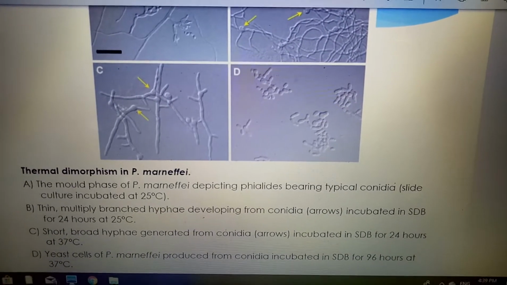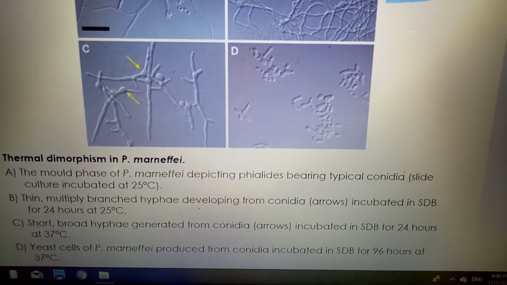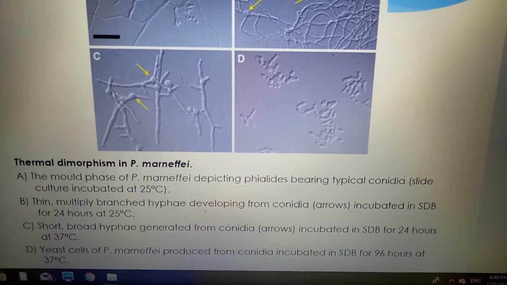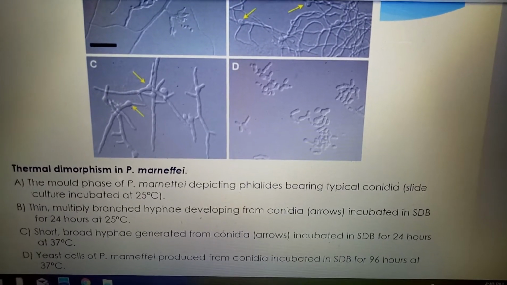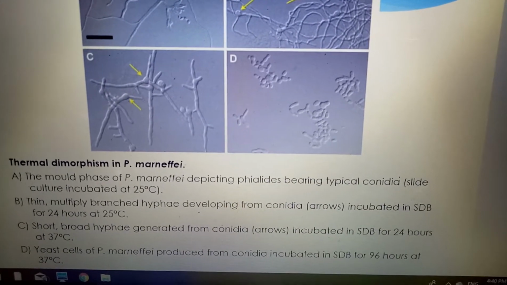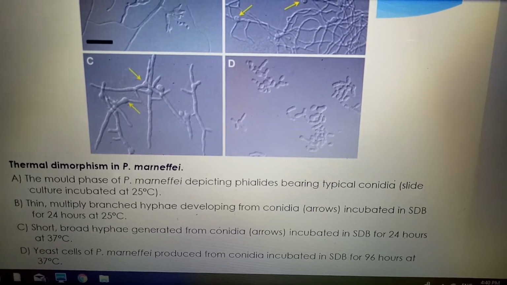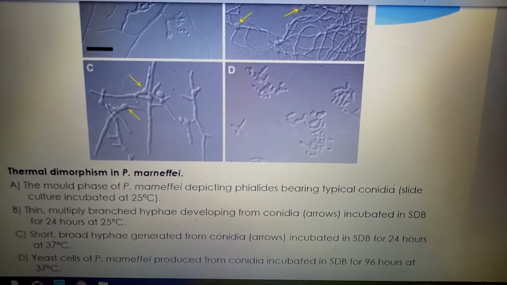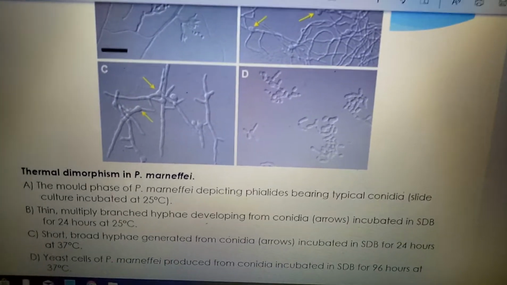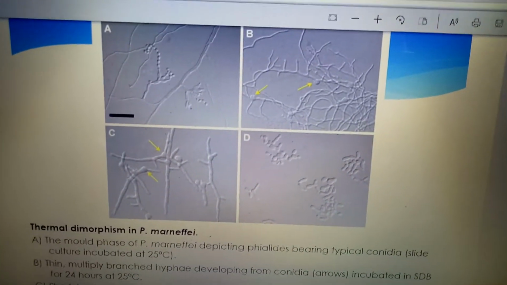Very high temperature. And the last one, D, is a yeast cell of P. marneffei produced from conidia incubated in SDB for 96 hours at 37 degrees Celsius. So there are different types of forms.